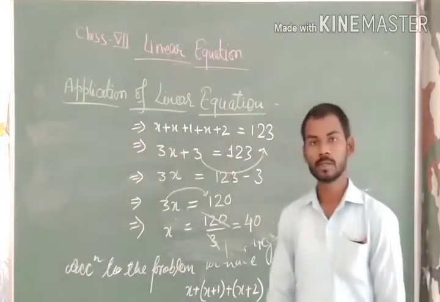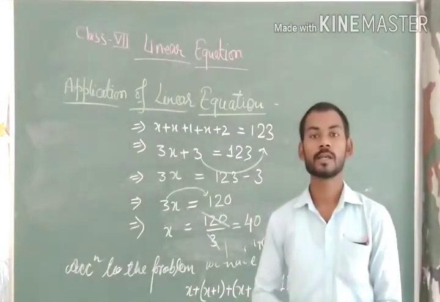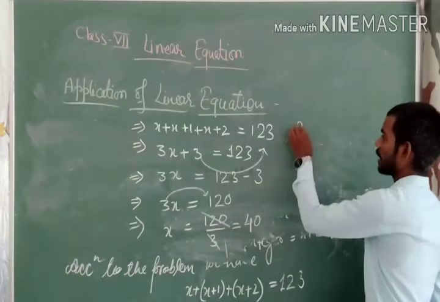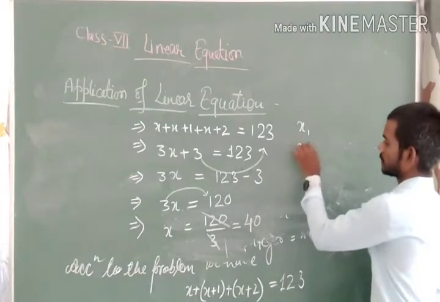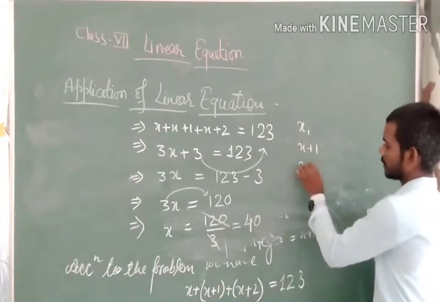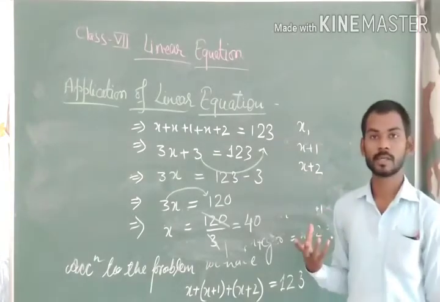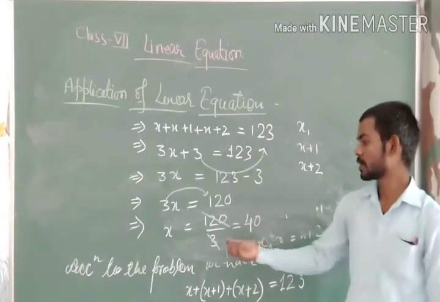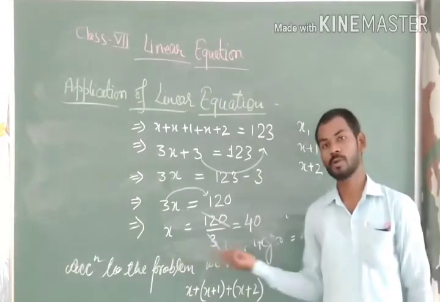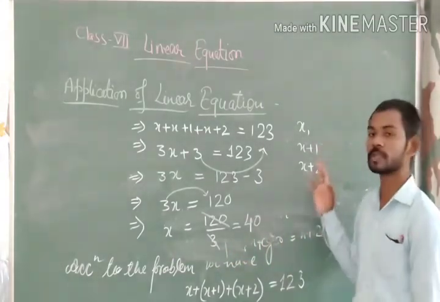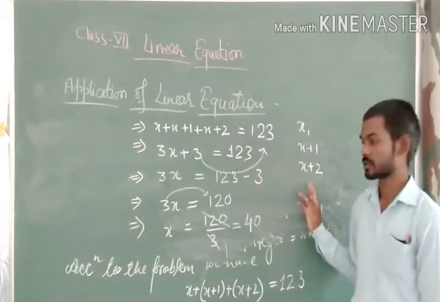In the first step, we considered the three integers to be x, x plus 1 and x plus 2. These are the three integers. So here we get the value of the unknown quantity, but we did not get the value of these three integers.